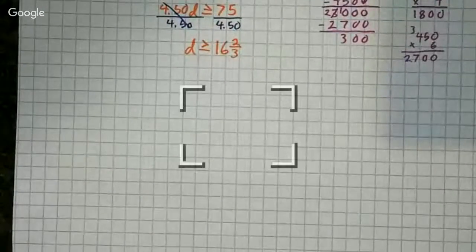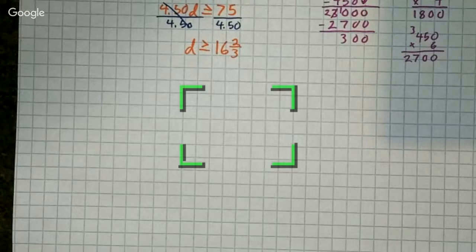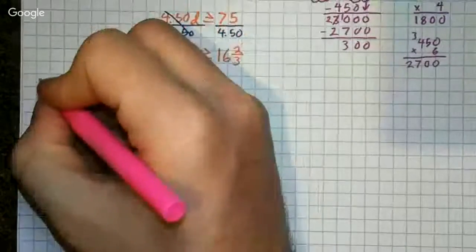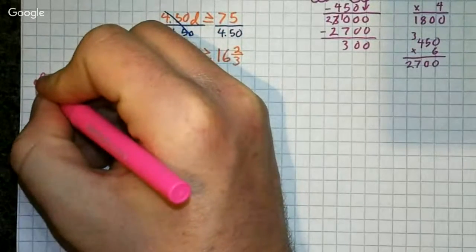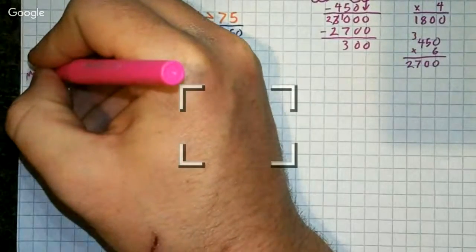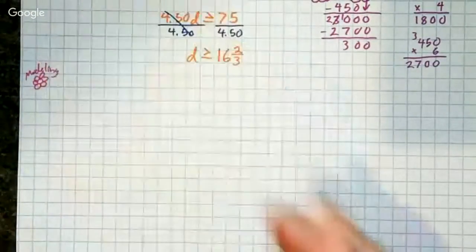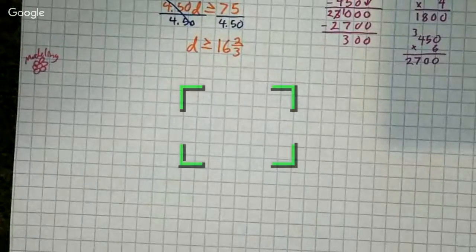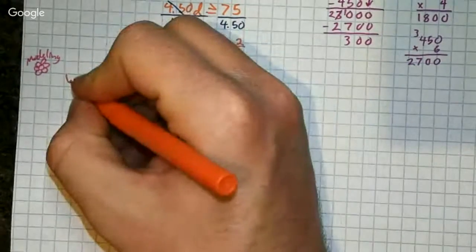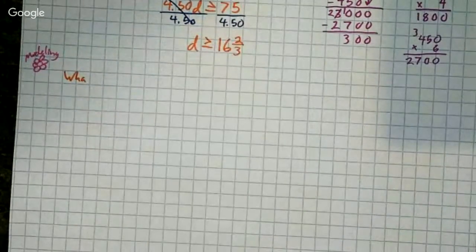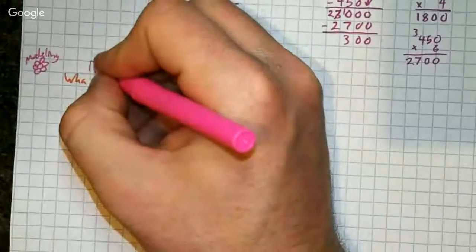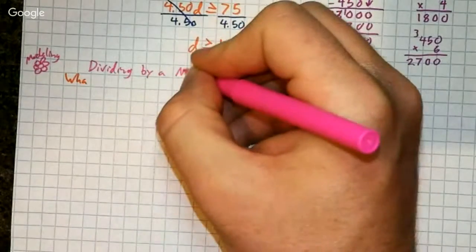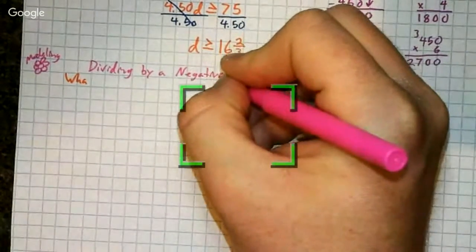Now, let's go ahead and look at it if we have a negative. So this is again going to be one of our details and modeling. We're using the details we wrote down to answer these problems. Our question this time is going to be what, oh, I totally forgot to say what we were doing. We are dividing by a negative number.